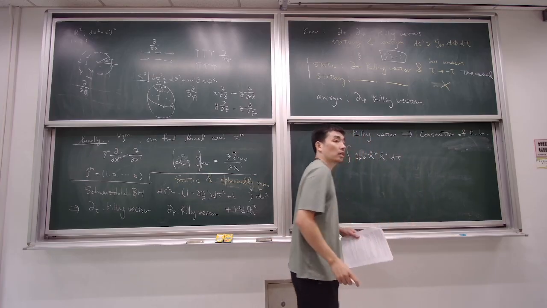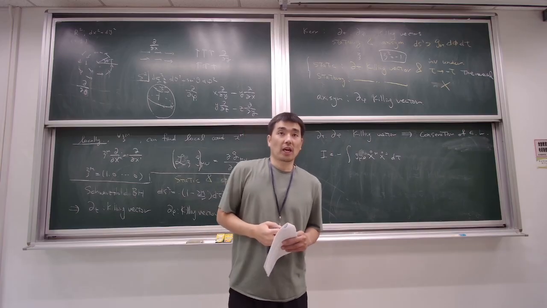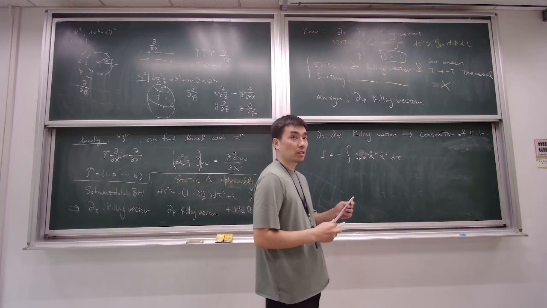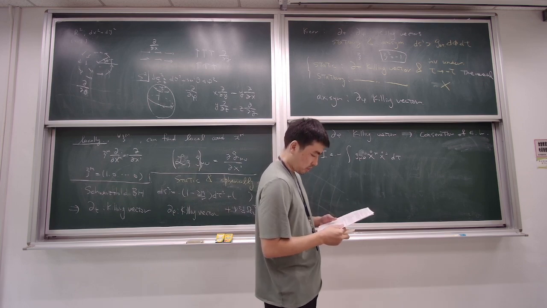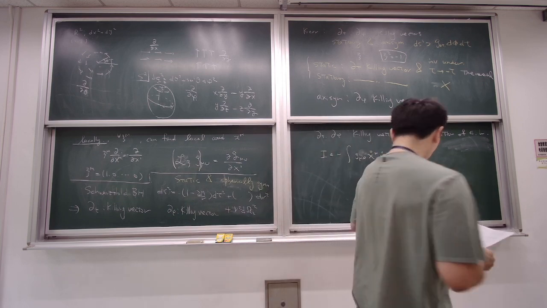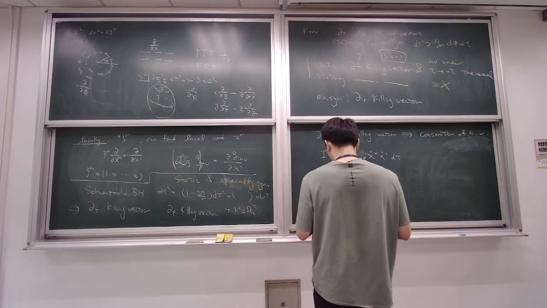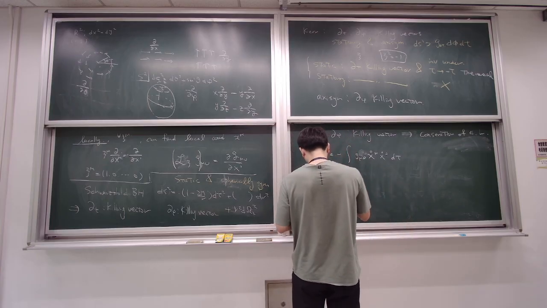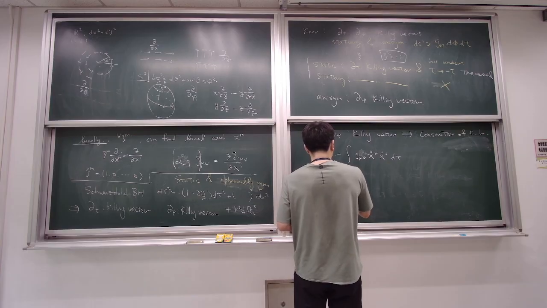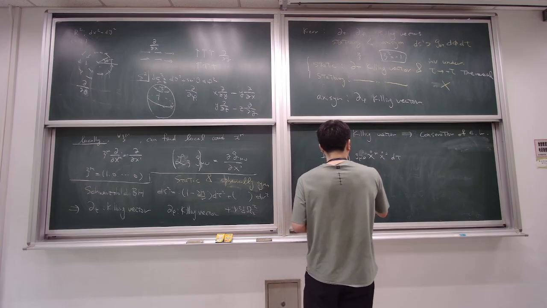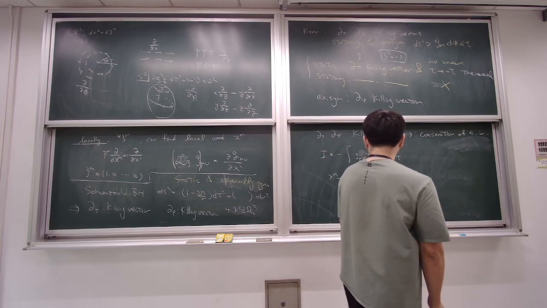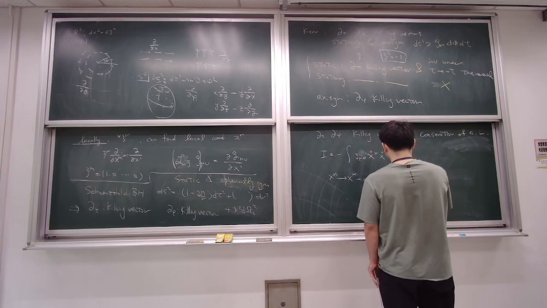Tau is the proper time for a massive particle, and tau is some affine parameter for a massless particle. So this is the action. And if you have a Killing vector field, x mu plus alpha xi mu, so this is a Killing vector.